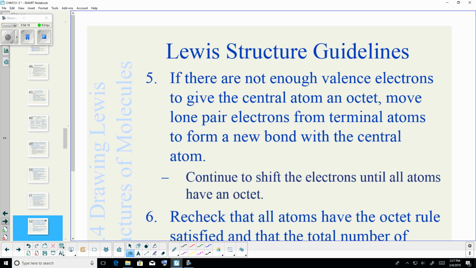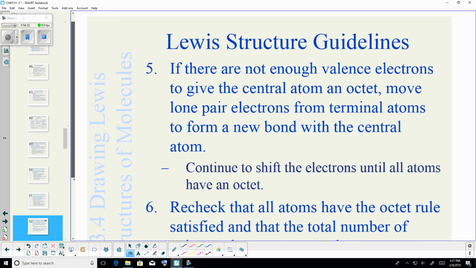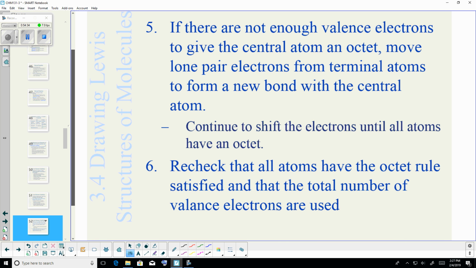Remember, except hydrogen, which needs 2 electrons. Piece of cake. You got an example here?